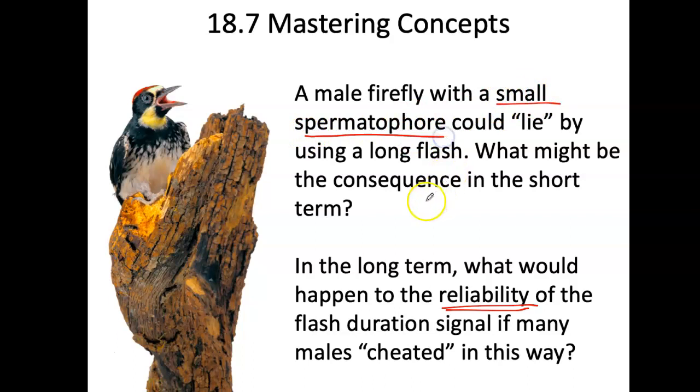So it would become really important for the female to be able to discern the cheater and the not cheater. So maybe she would no longer use the duration as a cue, because you can cheat on it. So she'd have to evaluate in a different way. Very interesting how natural selection works.